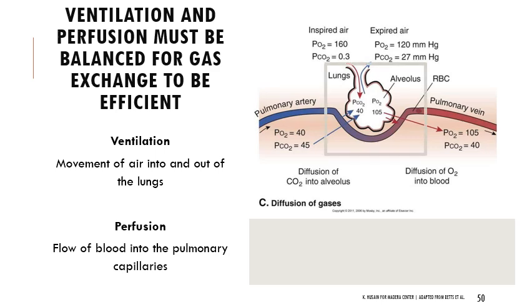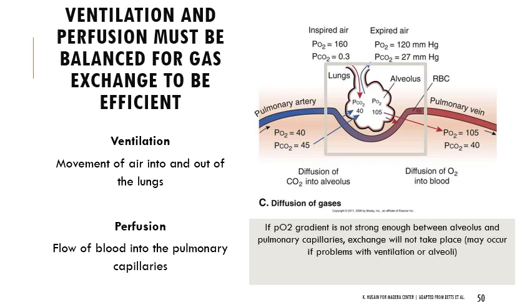So if the oxygen gradient between the alveolus and the pulmonary capillaries is not strong enough, so if you don't have high enough oxygen in the alveolus relative to the capillaries, then the gas exchange will not take place. That can occur if you don't have strong enough ventilation or healthy alveoli.